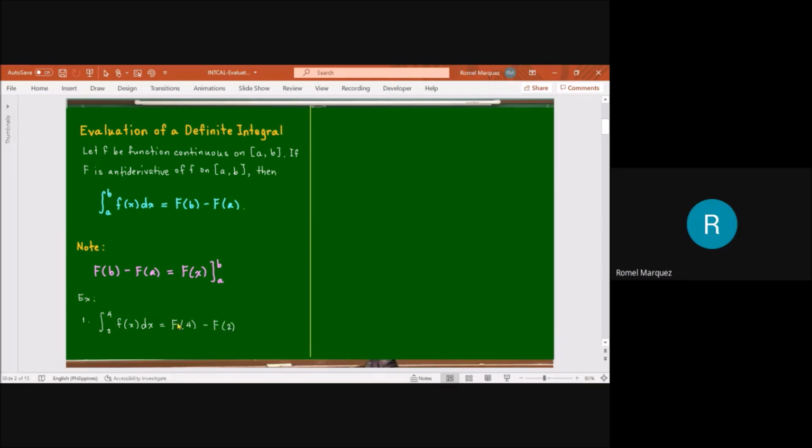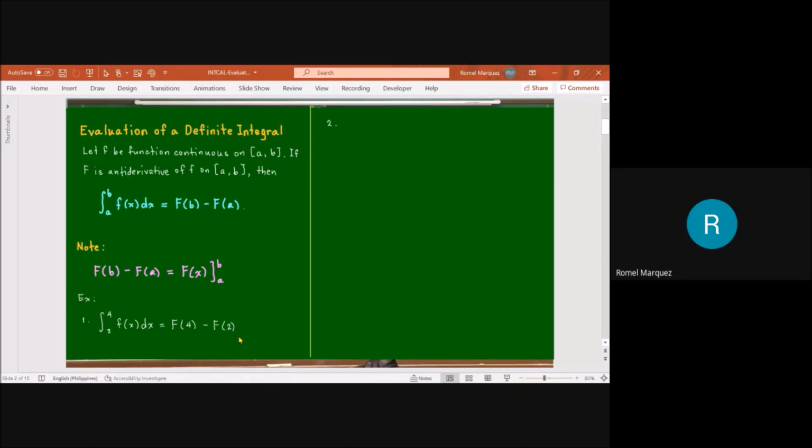So once you know the actual antiderivative F, you will be able to evaluate F of 4 together with F of 2. Just get the difference. That's the value of this definite integral. Okay, guys? Notice that in a definite integral, the constant of integration is not anymore written. Okay? So it is not anymore present, because as I mentioned, a definite integral is a specific value, unlike an indefinite integral, which is a collection of functions.